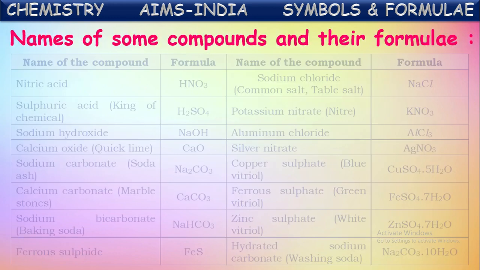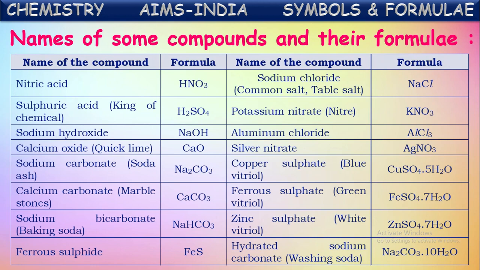See a table showing the chemical formulae and their names. Observe these chemical compounds. Even their common names or tribal names are mentioned. Just now we have seen sodium chloride, NaCl is its chemical formula. Sodium chloride is its systematic name, but it is more familiar by its common names, common salt and table salt.